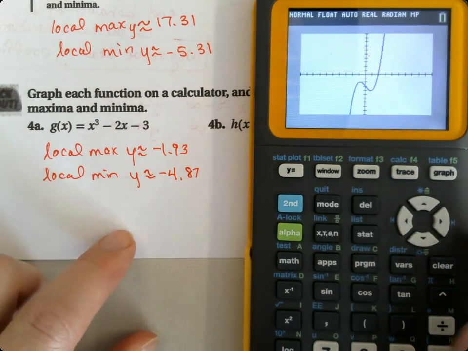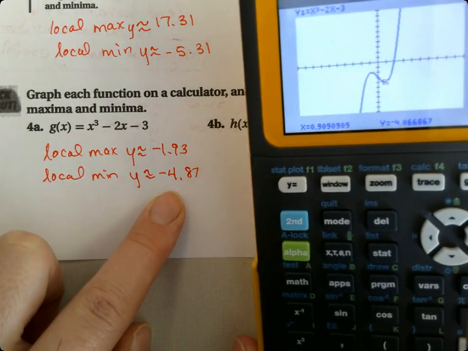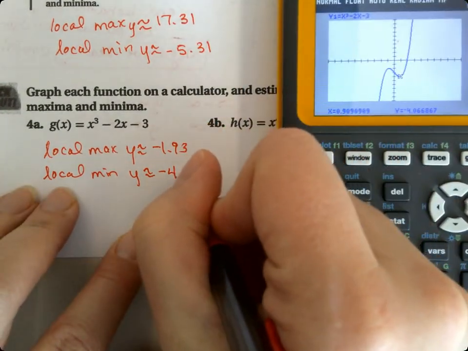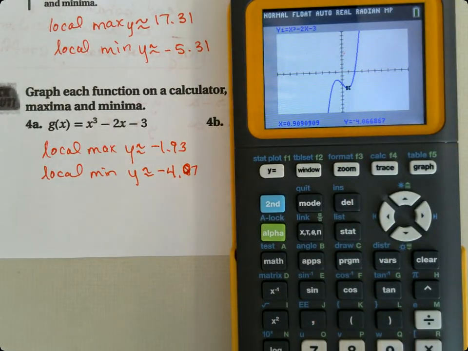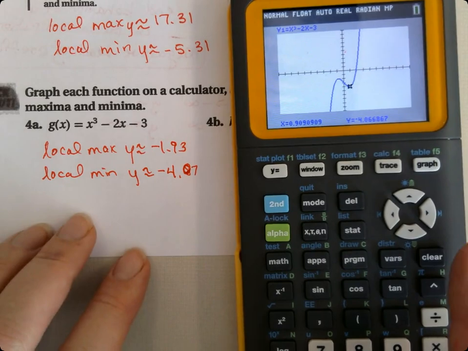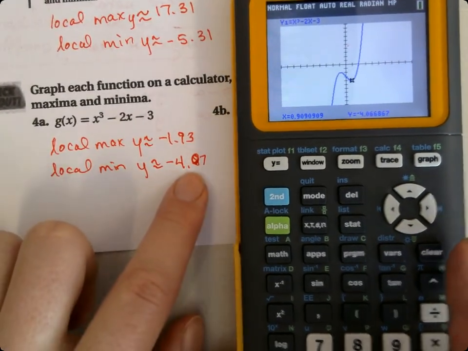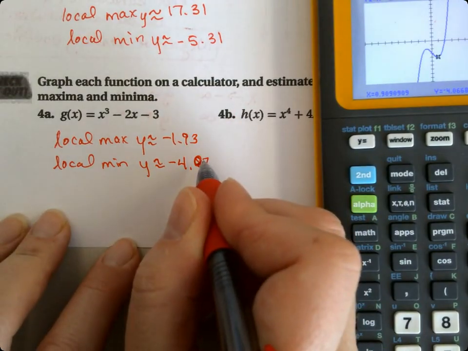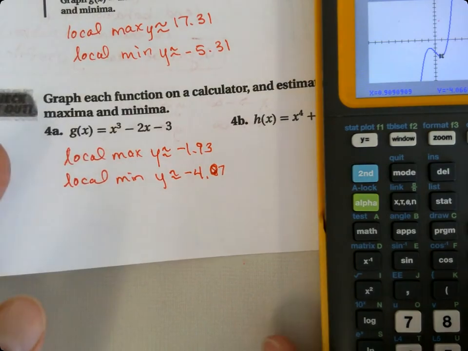What do you have? Oh, is that a 0? My eyes are really bad. You're right. It is a 0. I see it now. Okay. So go ahead and put the second one in. So that should be negative 4.08. Or no, I have 07, but we should be close. We should be within a 10th or a 100th.